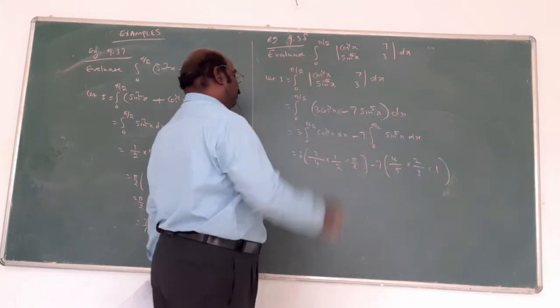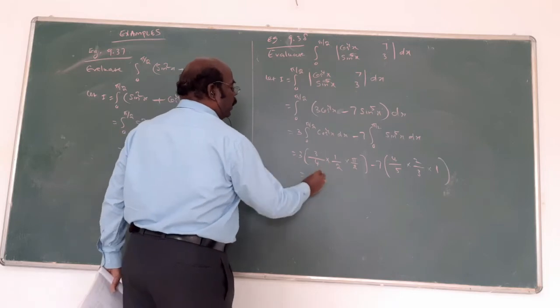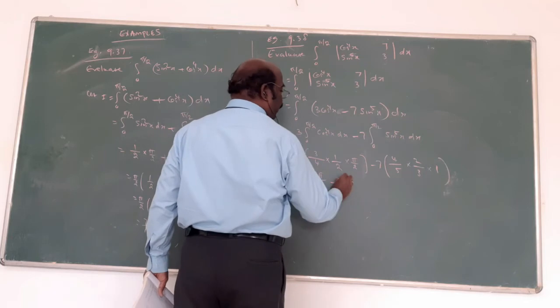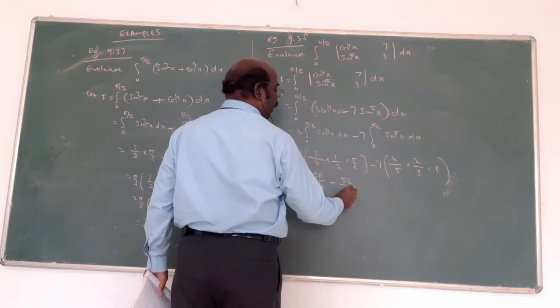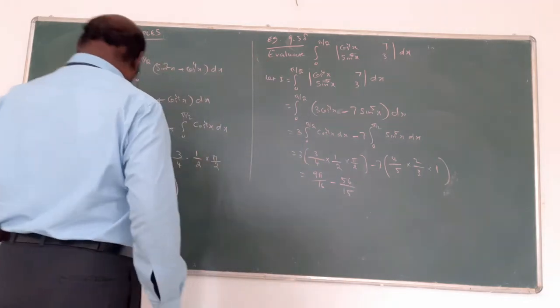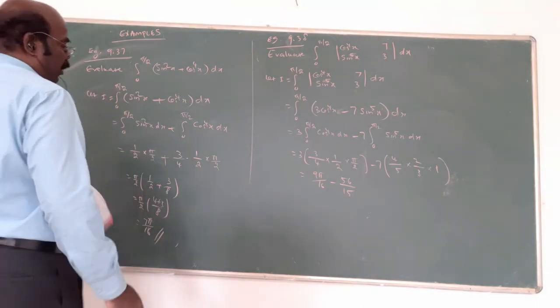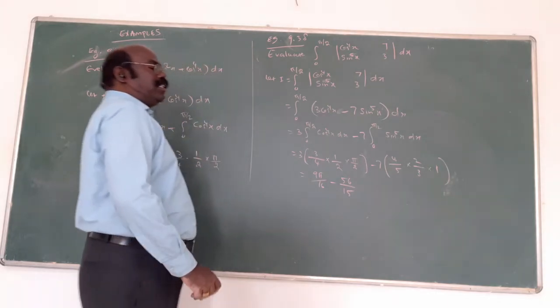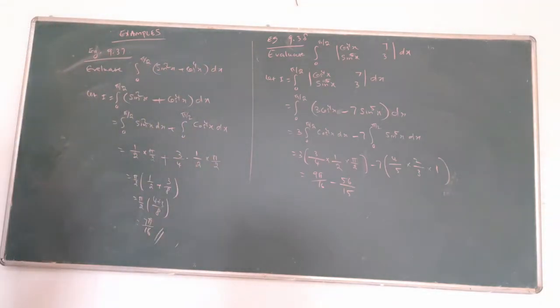Pi by 2 will not come. Now multiply: 9 pi by 16 minus 56 by 15. Am I right? That's all. Because pi is there, simplifying is not possible. That is the answer.